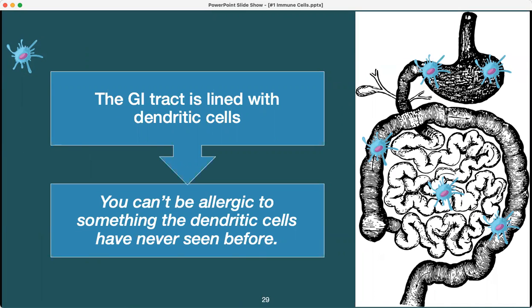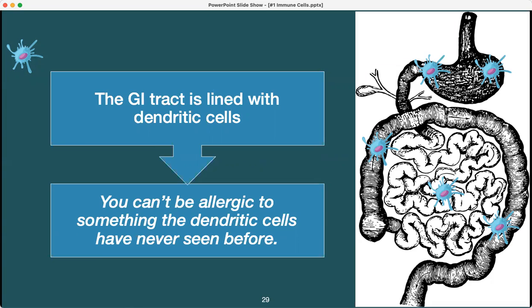Okay, the GI tract is lined with dendritic cells. So you're taking the penicillin orally. You can't be allergic to something that the dendritic cells have never seen before. And some people develop an allergy from these dendritic cells eating the penicillin, but a lot of times not.